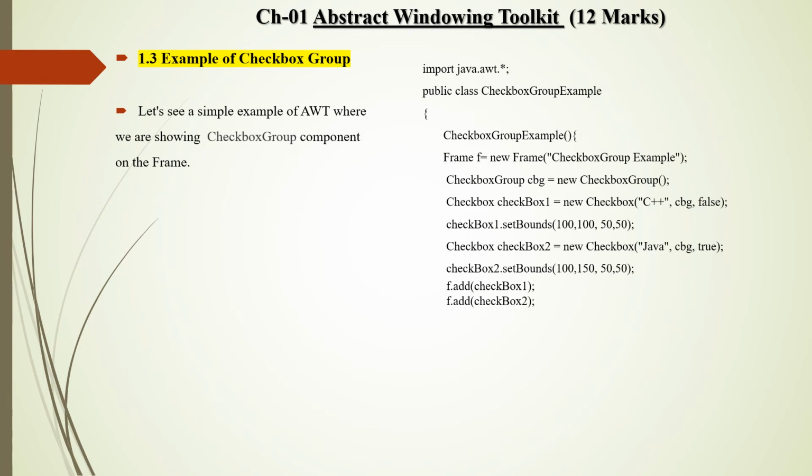Then we add checkbox1 and checkbox2 into the frame. Then set the size of the frame, that is width and height. Then set the layout of the frame. Then we set the visibility of the frame.